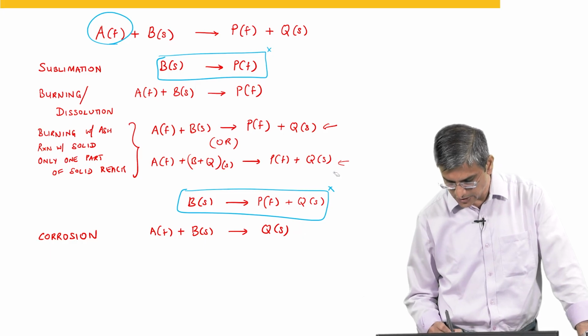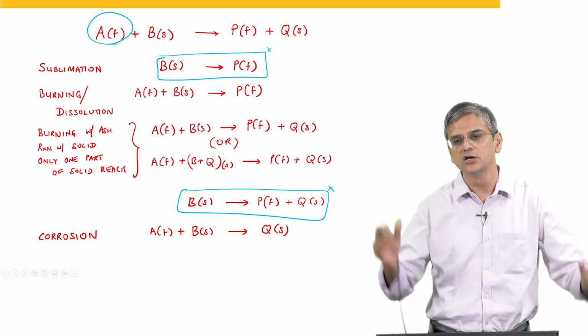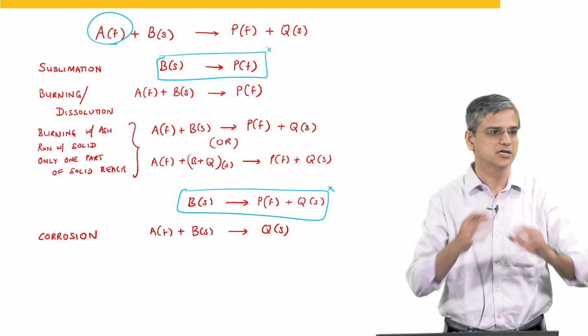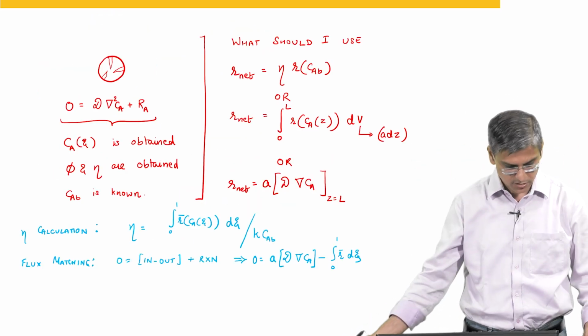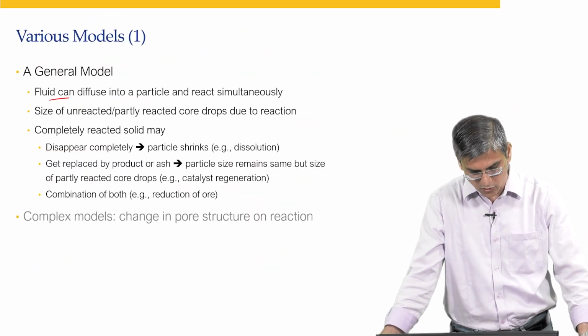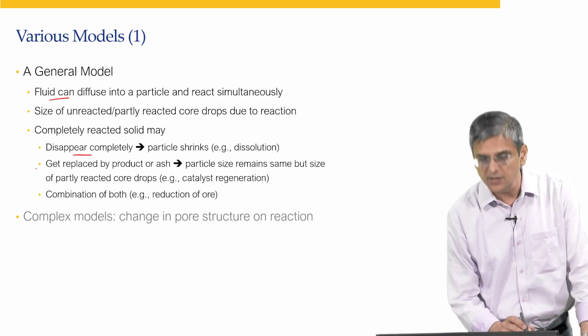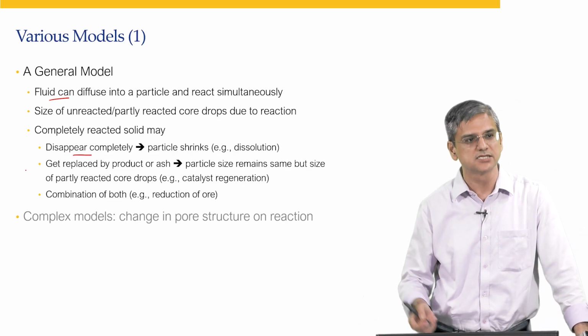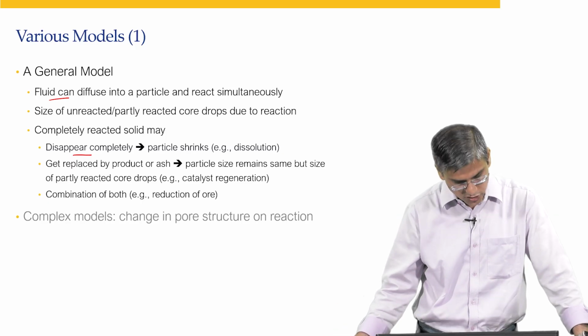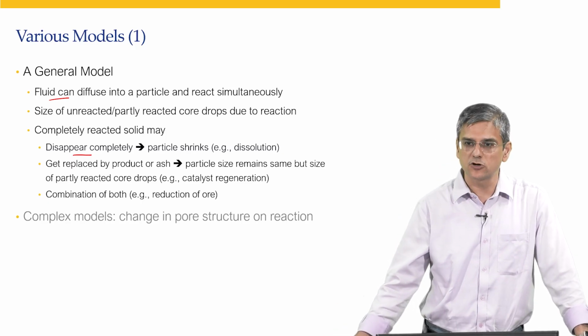Okay, if solids are not formed because of reaction, you will only have your particle shrinking or your particle reacting uniformly. The completely reacted solid may disappear completely because the products are only fluid, there is no solid product, or get replaced by product or ash.